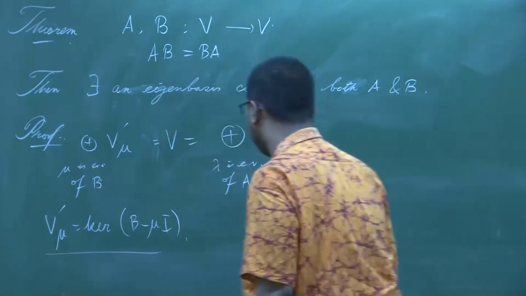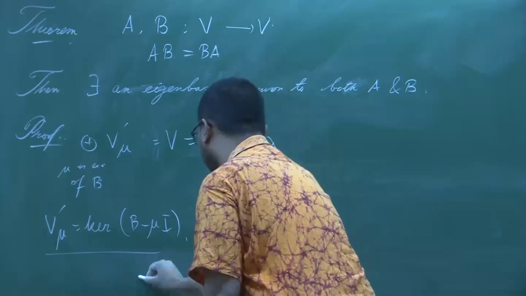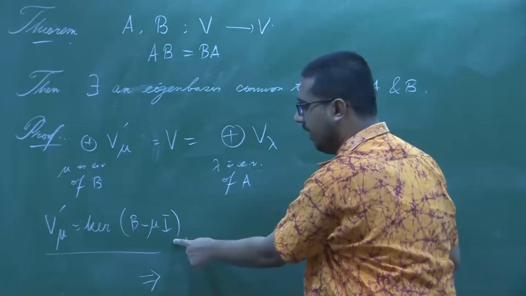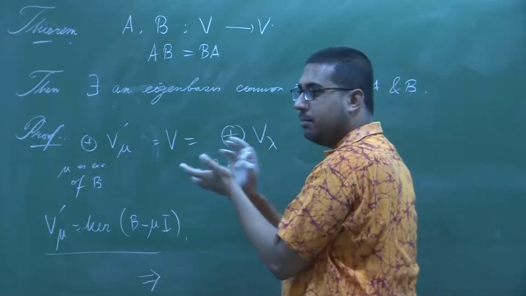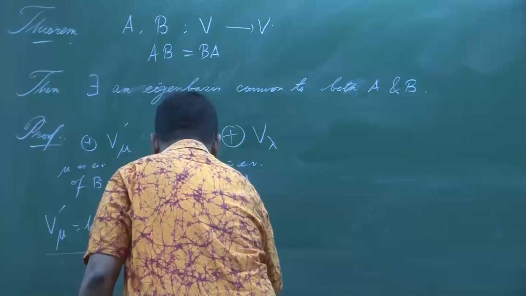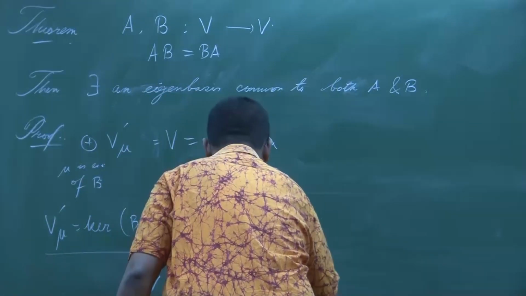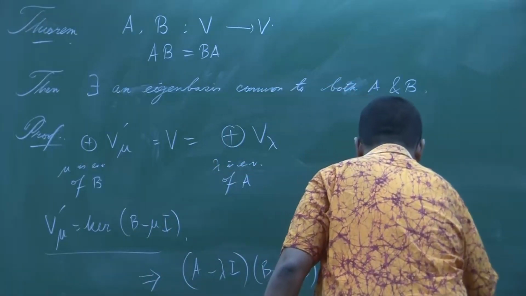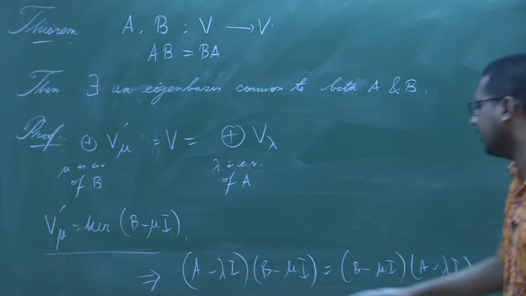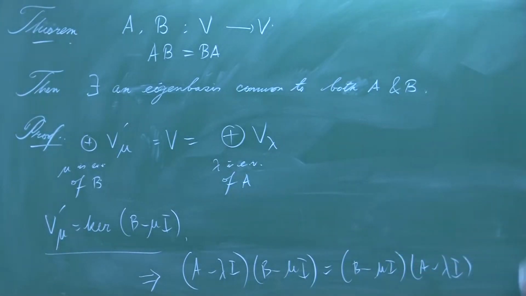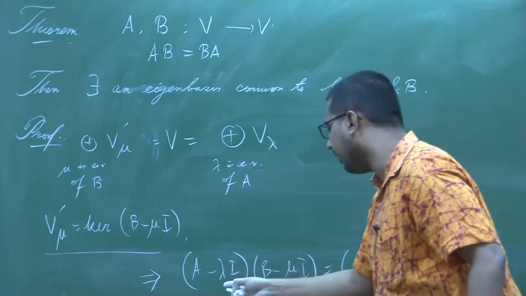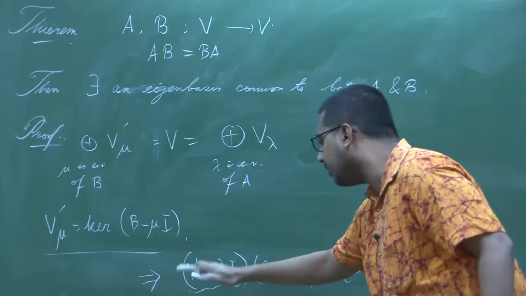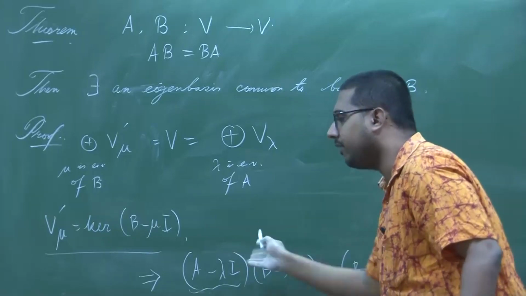Now, it is very easy to see, and I am leaving this to you to justify, that since A and B commute, therefore A minus lambda I and B minus mu I also commute. A minus lambda I, B minus mu I, for any two eigenvalues lambda of A and mu of B. Therefore, try to understand that the kernel of this and the image of this are going to be invariant under that, and vice versa.